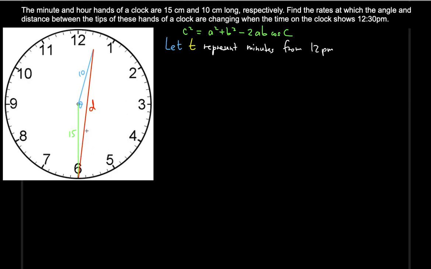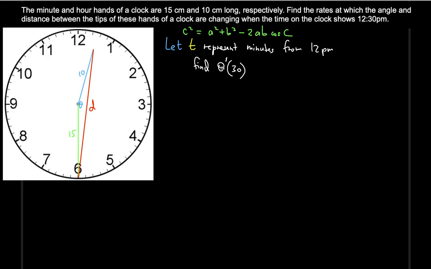So as a result, the question asks you to find theta prime of 30. Now why prime? Because it's talking about the rate at which the angle between these two hands of a clock is changing, right?